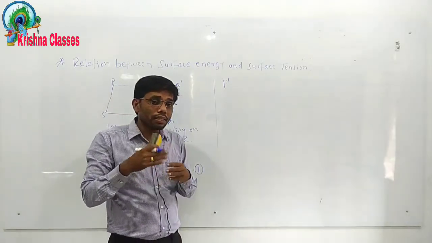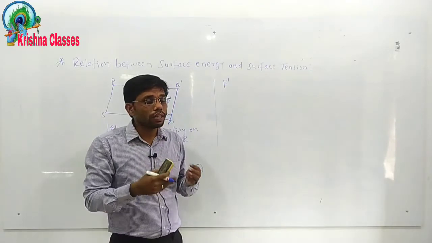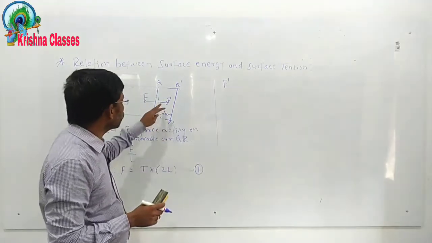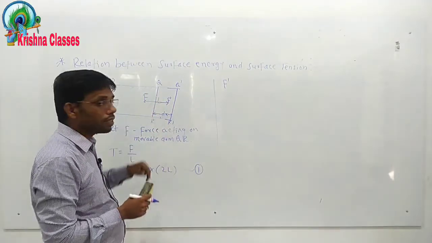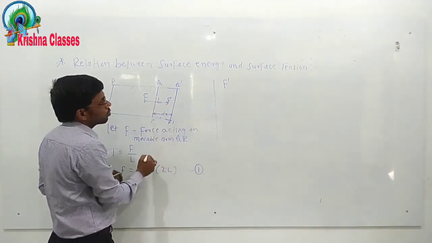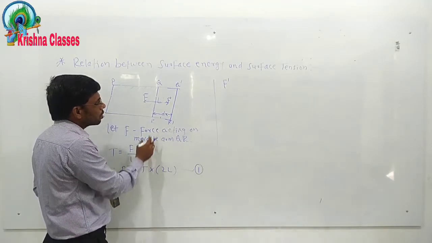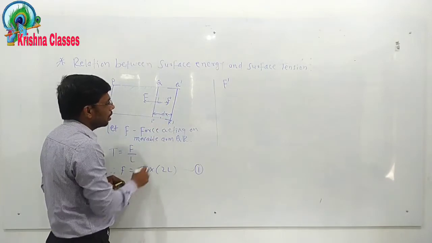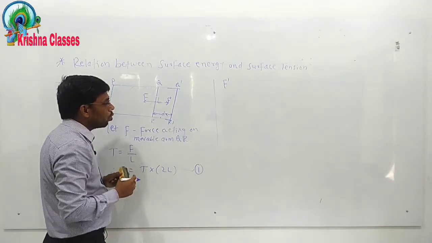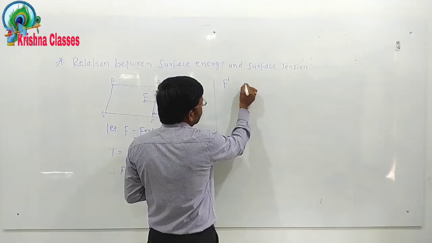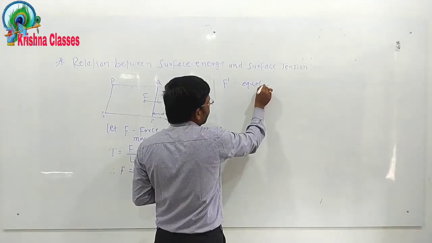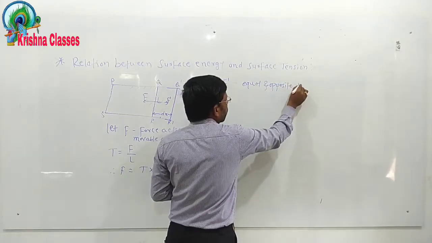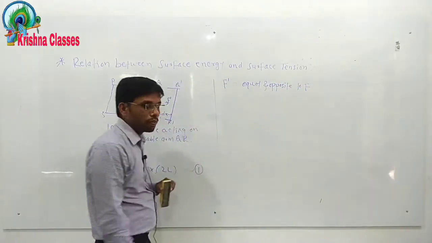So that's why the equal force F dash is acting opposite to this force, and because of this force, the arm QR moved to Q dash R dash through a distance x. So this is the force F dash, equal and opposite to F, the force of surface tension.